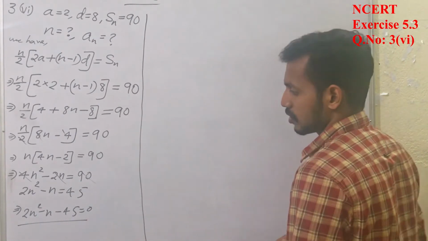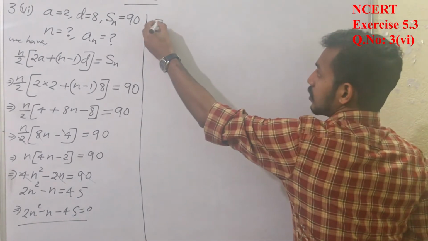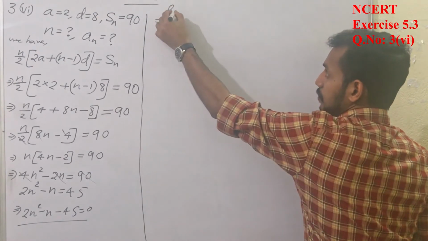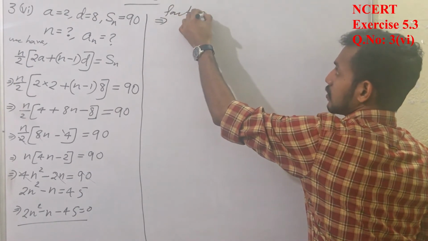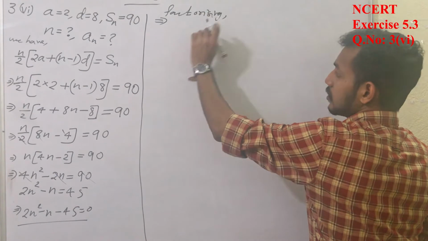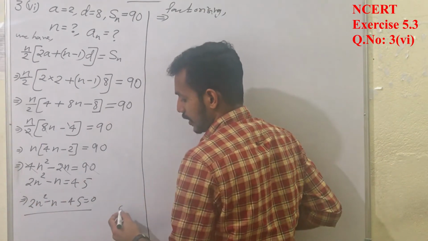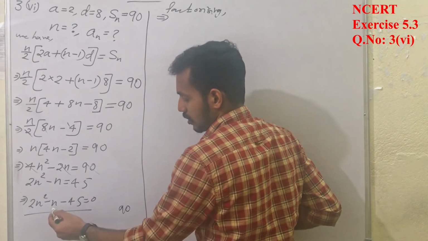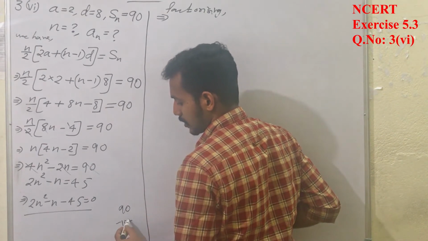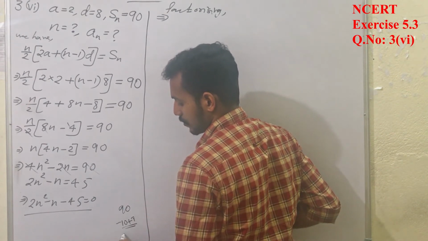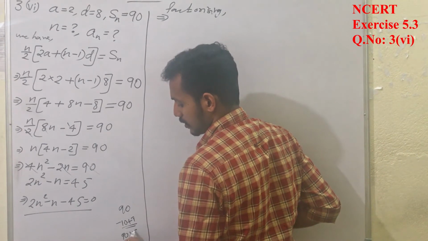By the factorization method, factorizing the given quadratic equation. So 2 into 45, 90. So here only minus 1, so we can write minus 10 plus 9. That is 10 into 9.